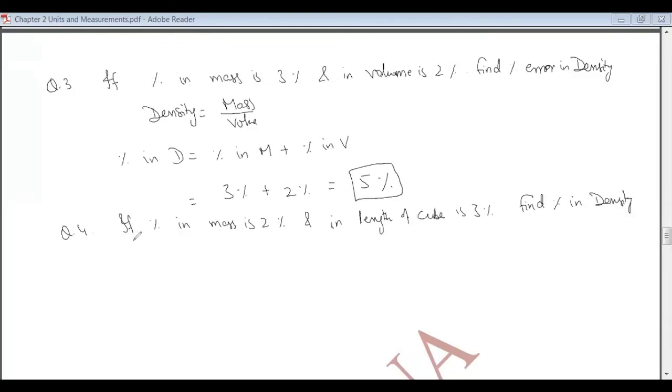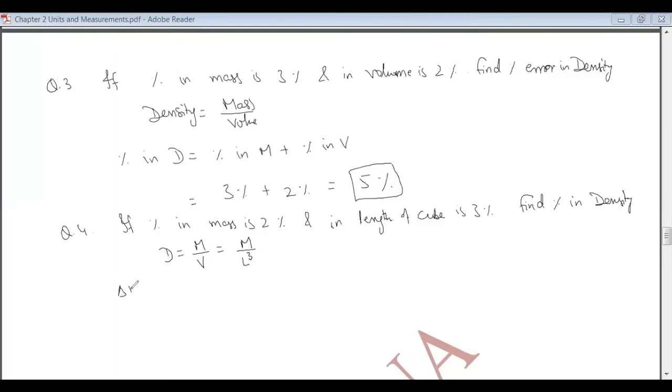Okay, now next, question number 4: in measuring the density of a cube, the percentage error in mass is 2% and in measuring the length of the cube is 3%. You have to find out the percentage error in density. Again, the formula is density is mass upon volume. As it is a cube, the volume will be equal to L cubed.